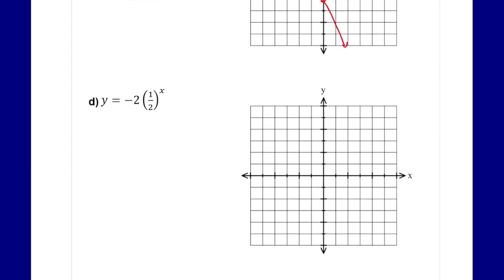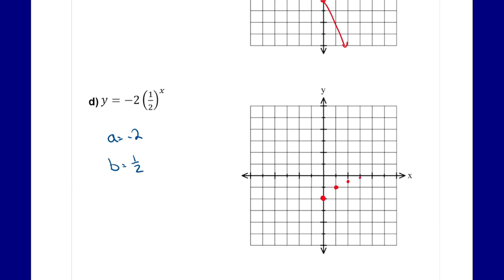And then for D, same idea. A value is -2. Our B value is 1/2. So I'm going to plot that just to get an idea. So -2. And because we're multiplying it by a factor of 1/2, that means that as the x values get more positive, my value should be getting smaller in size. -2 times 1/2 is -1. -1 times 1/2 is -1/2, right? -1/2 times 1/2 is -1/4, and so on.